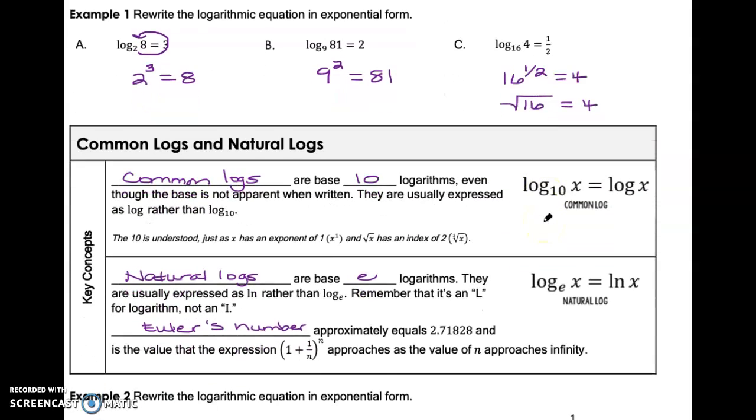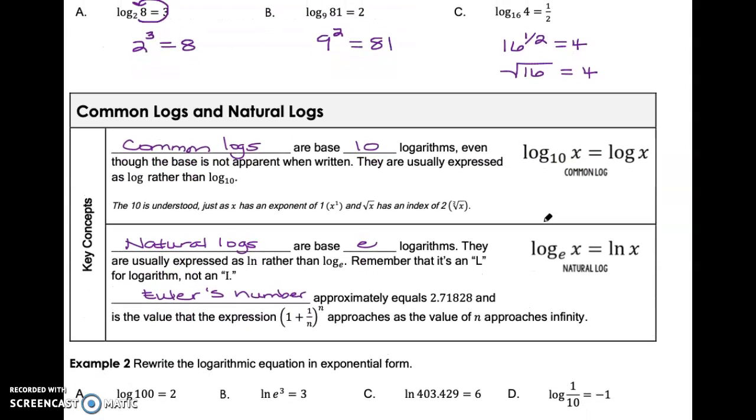So we can't have logs with any base. As you saw up here in these first examples, we had a base of 2, we had a base of 9, we had a base of 16. There's two that we see more often than others just because these are the ones that are most commonly found on calculators. A common log is a base 10, so our number system that we use is a base 10, so that's a common logarithm, would be a base 10 with a power.